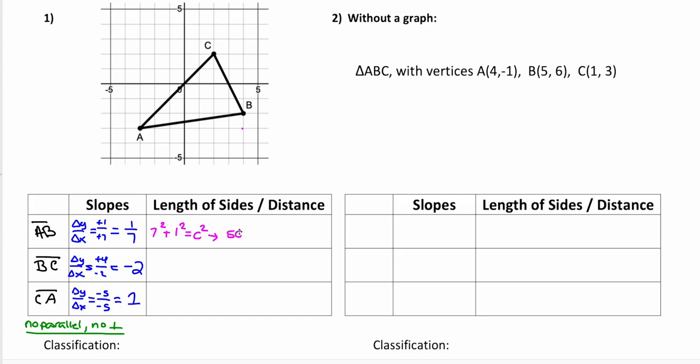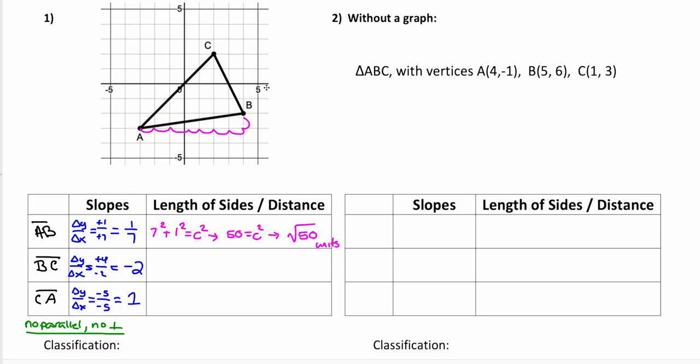We have 50 is equal to c squared. Therefore, our distance is the square root of 50, because I have to take the square root of both sides, units. So the length of AB is square root of 50 units. I went 1, 2, 3, 4, 5, 6, 7, and then I went 1 to get to B. So 7 and then 1.